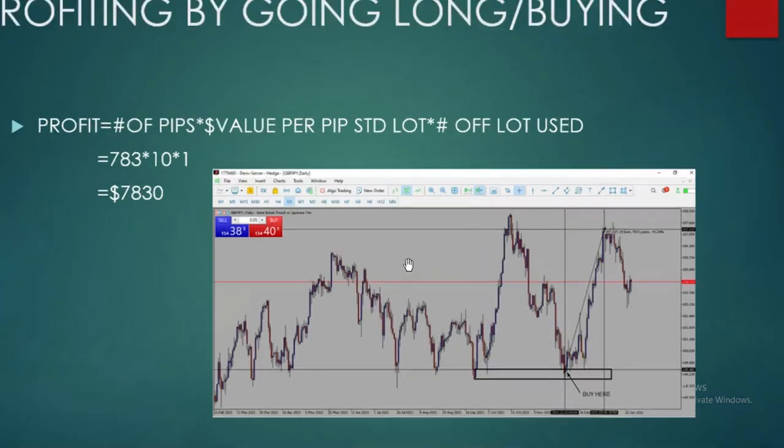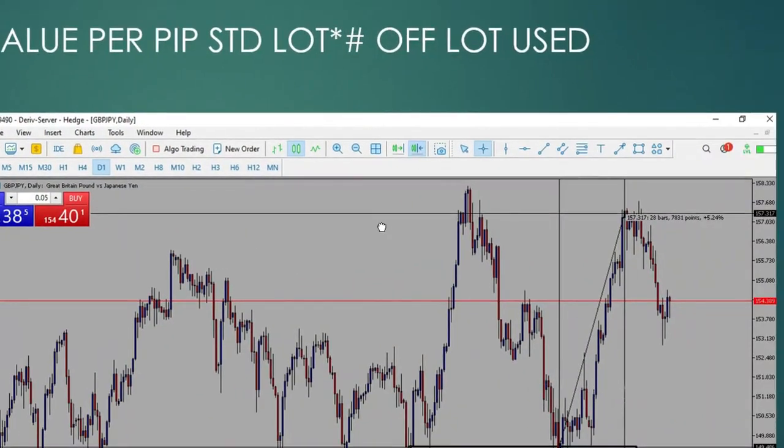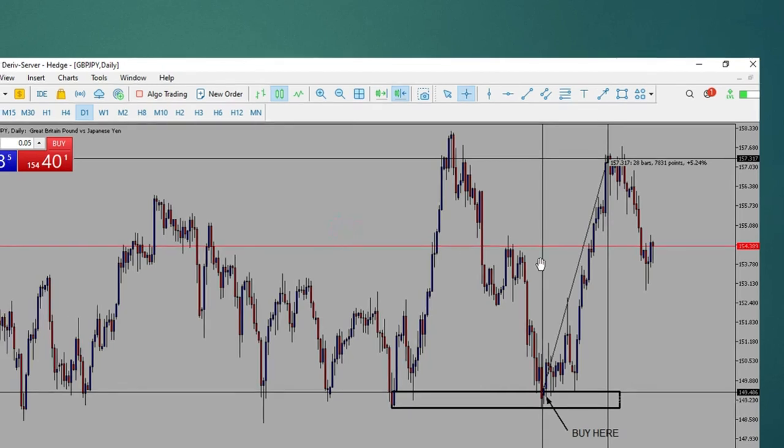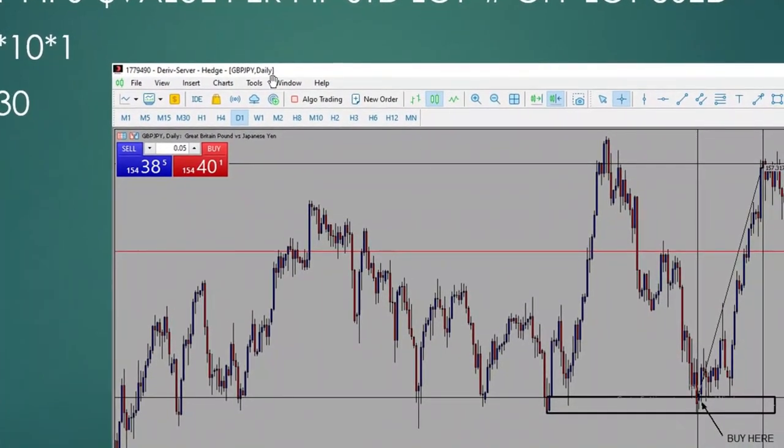So it means if you take a trade with a lot size of 1, from this point to that high, you are going to make 7,830 something US dollars from that move, right? And when we'll be explaining our trading platform, you see here it's written sell and buy. In the middle there, that's where you put in the lot size, right?